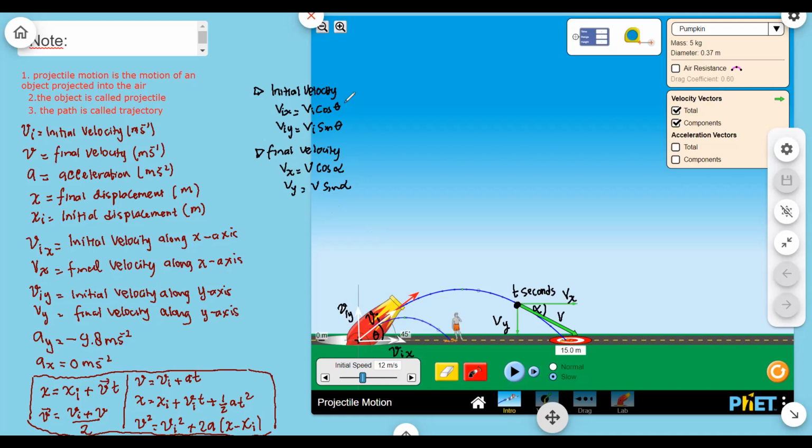You also can find the magnitude of Vi from this process. So Vi equals the square root of Vix squared plus Viy squared. So this is the magnitude of the initial velocity.